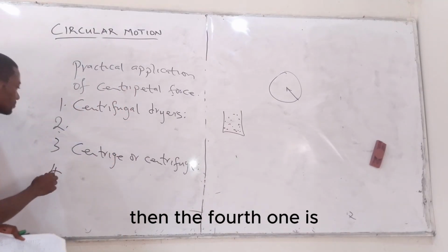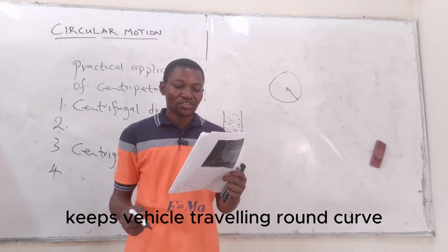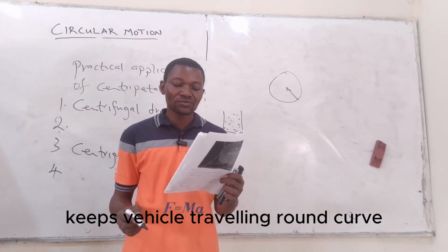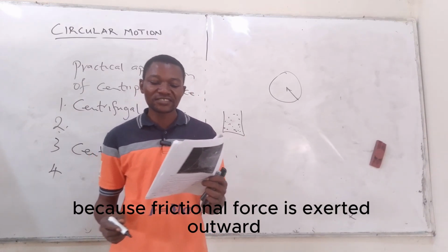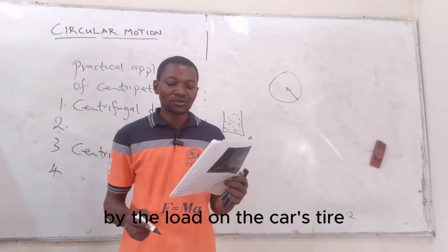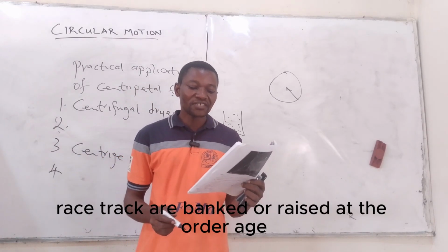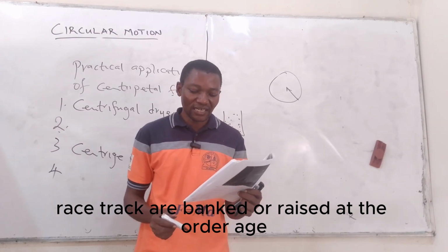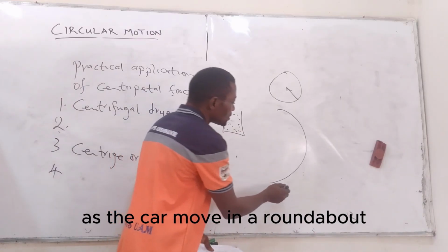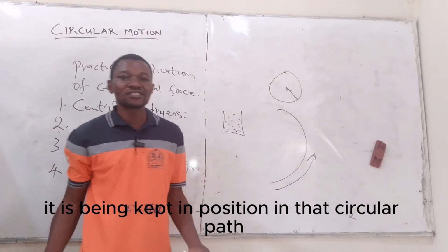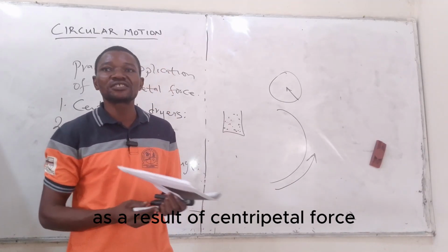Then the fourth one is that centripetal force keeps a vehicle traveling round a curve from toppling over, because frictional force is exerted outward by the load on the car's tires, and curves on a road or bicycle racetrack are banked or raised at the outer edge. So what we are saying is, as the car moves in a roundabout, it is being kept in position in that circular path as a result of centripetal force.